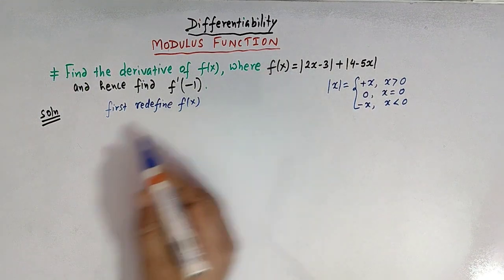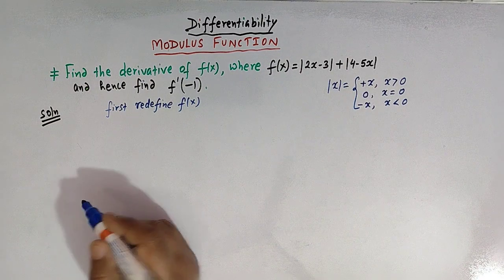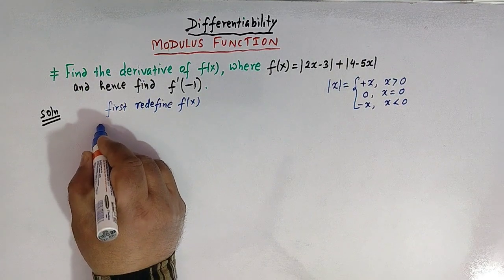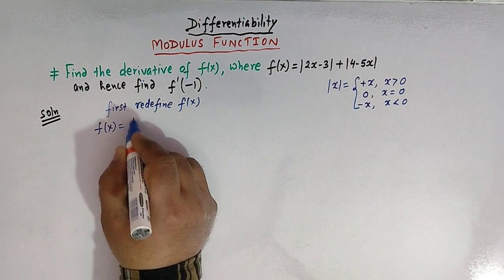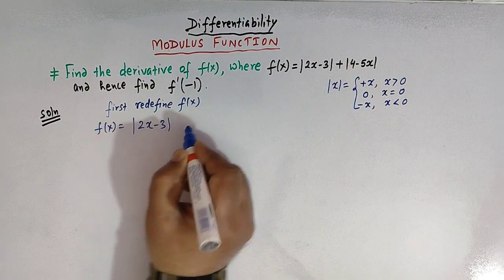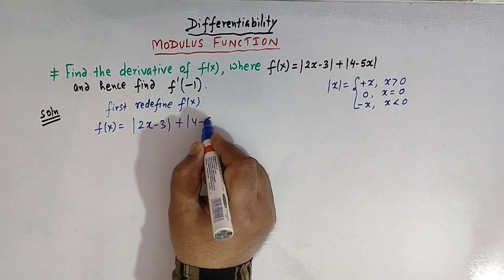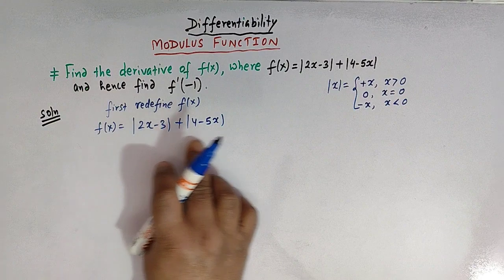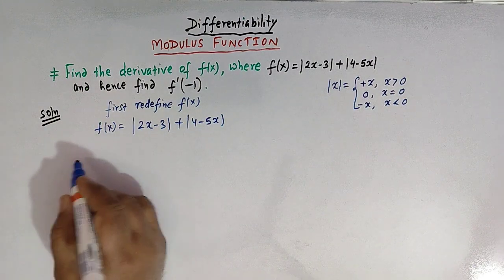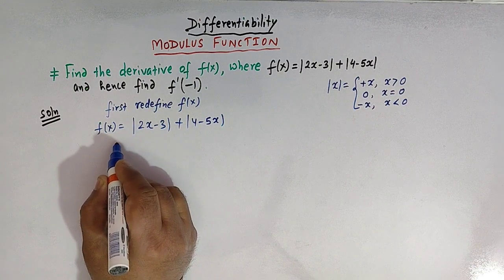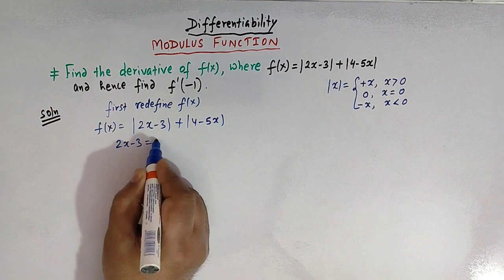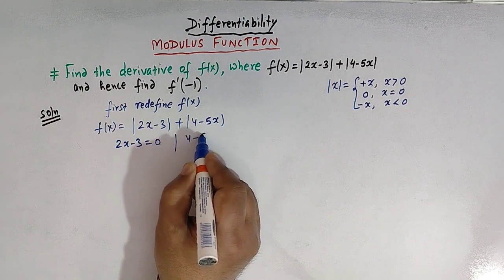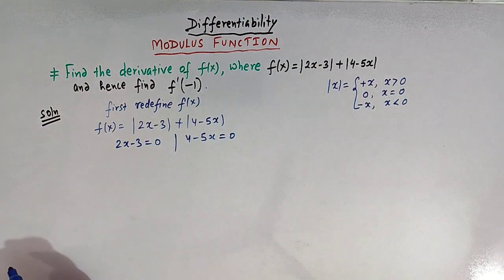Now let us first quickly see that this function f of x, which is mod of 2x minus 3 plus mod of 4 minus 5x, is not differentiable at the points where 2x minus 3 is equal to 0 and 4 minus 5x is equal to 0.